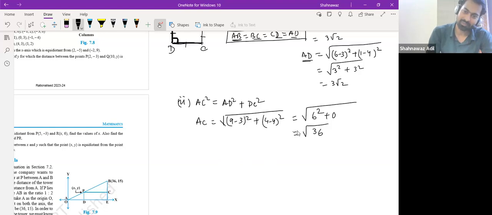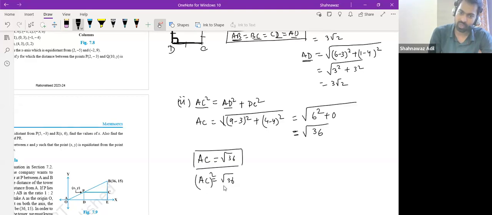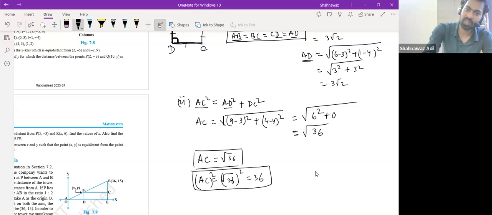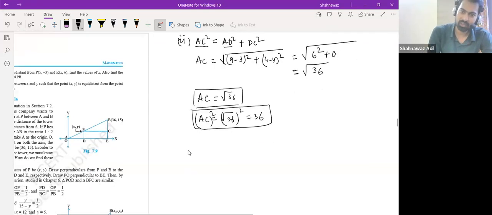So AC is this, right? AC is root 36. Now we have to prove that AC square is equal to AD square plus DC square. AC square would be root 36 square, which is 36. Now let us find out AD square.